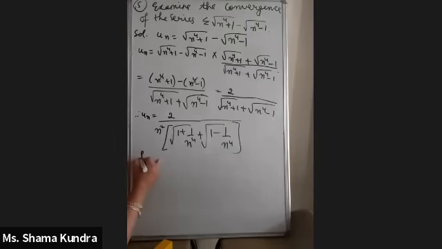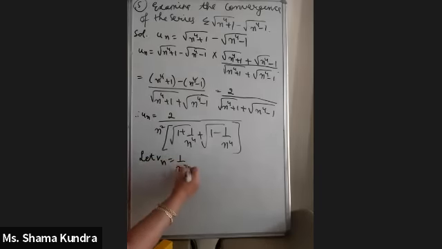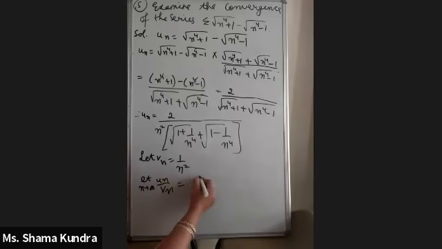Next step is to find limit n tends to infinity un upon Vn by comparison test. When we divide this, 1 over n square will get cancelled out. What we will get?